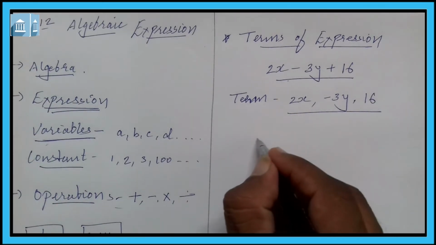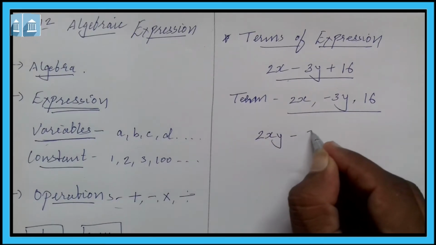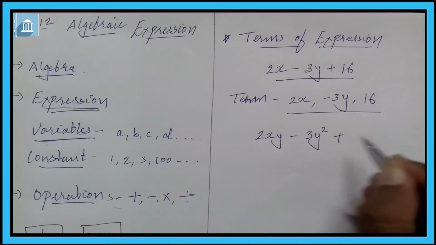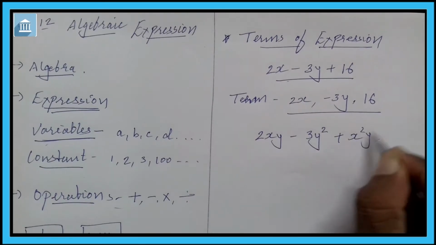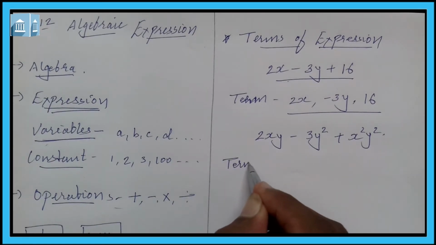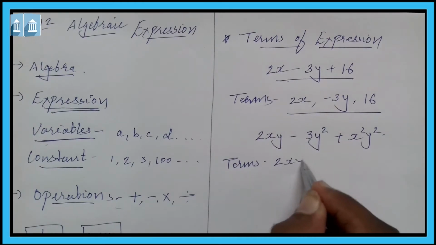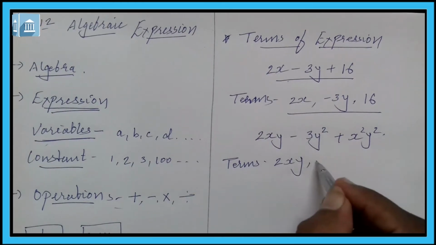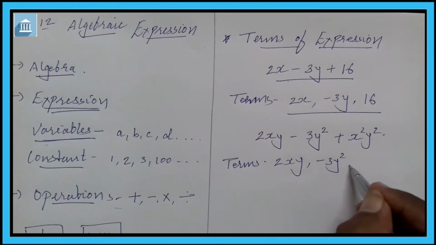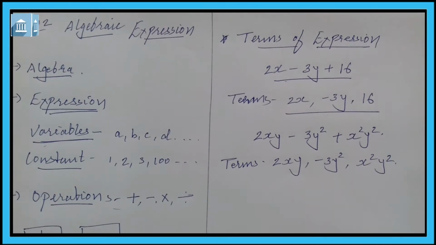If an expression is like this, 2xy minus 3y square plus x square y square, the terms of the expression are 2xy, this is one term, then minus 3y square, this is one term, and x square y square, this is also one term.